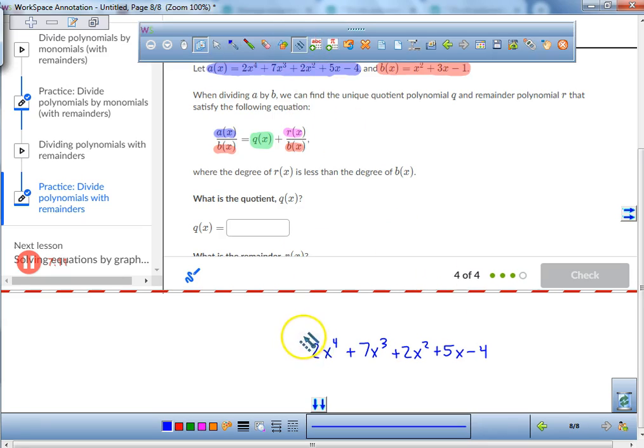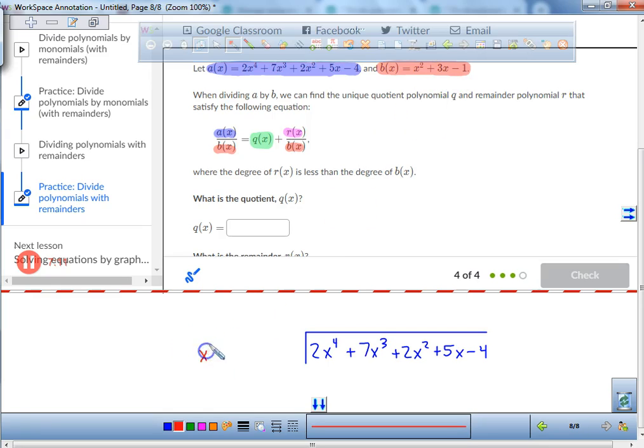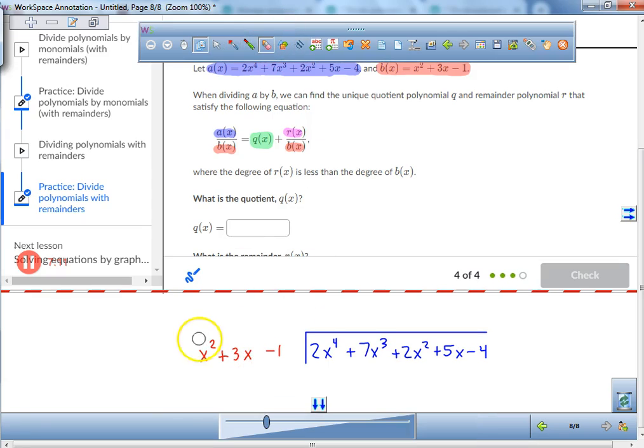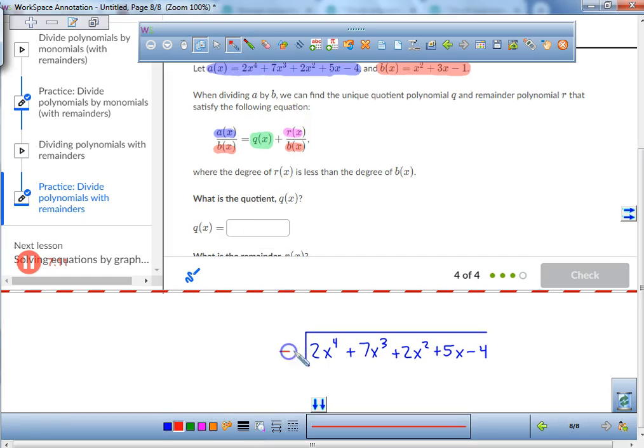And I'm going to do this very carefully and as nice and neat as possible, so I'm making my work as pretty as I can. That's being divided by x squared plus 3x minus 1. I didn't do a very good job. I'll get it a little bit closer to the division bar.